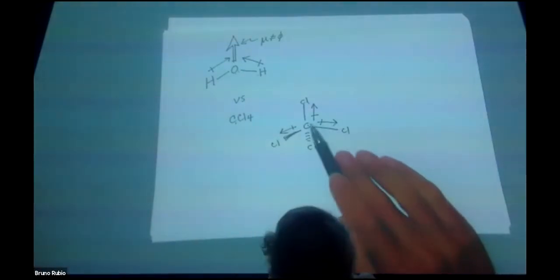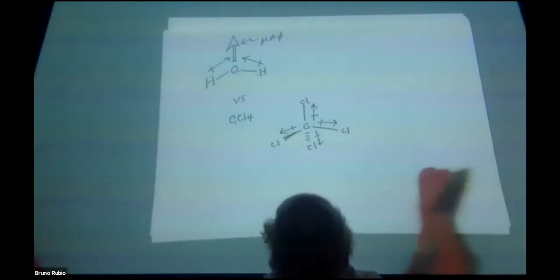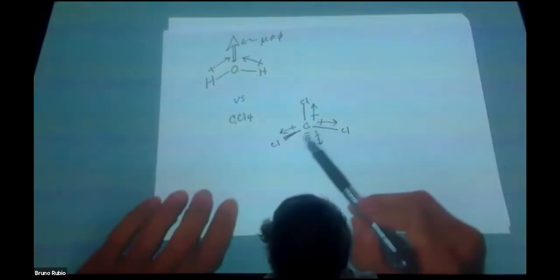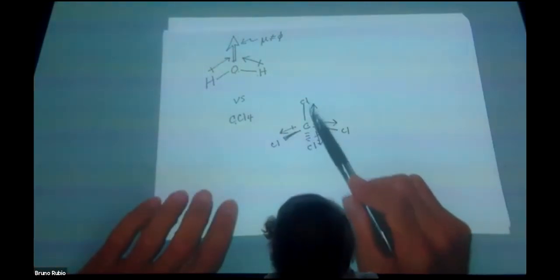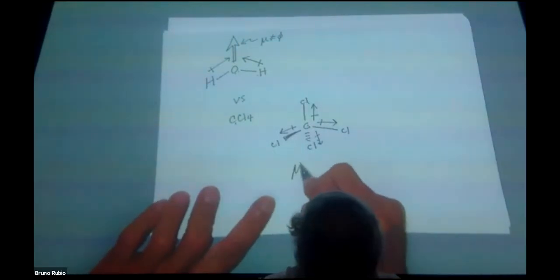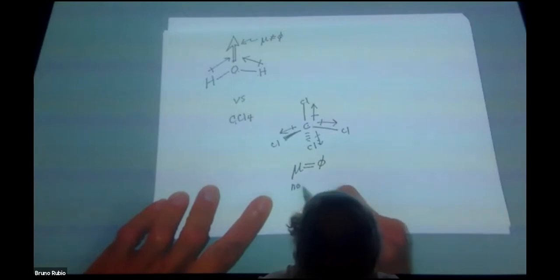Maybe it's hard to see from this drawing, but if you were to add all of these vectors up, what you would get is a vanishing dipole moment. When you add up these two vectors and these two vectors, because of the shape of the molecule, this guy has zero dipole moment and it is non-polar.